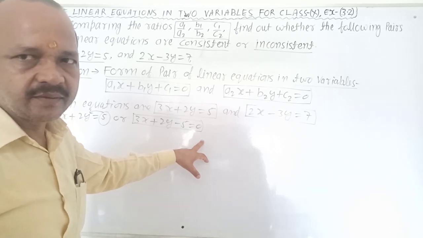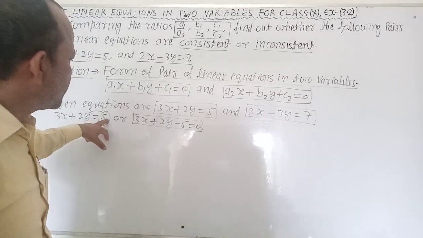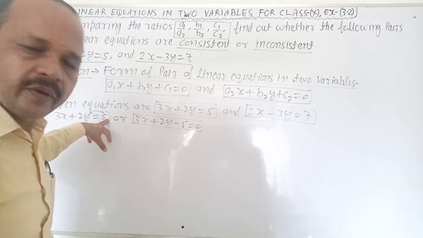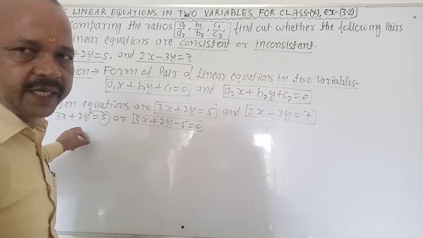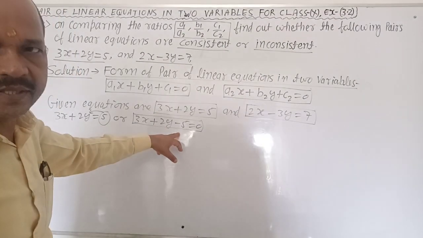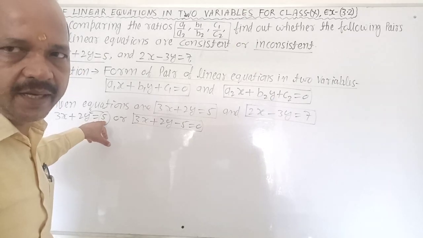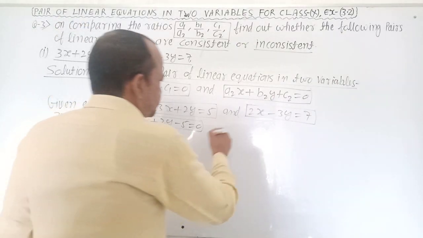It is clear? No confusion about it here. 5 is on the right side; when you write it on the left side, it becomes minus, because here its sign is plus. Clear?